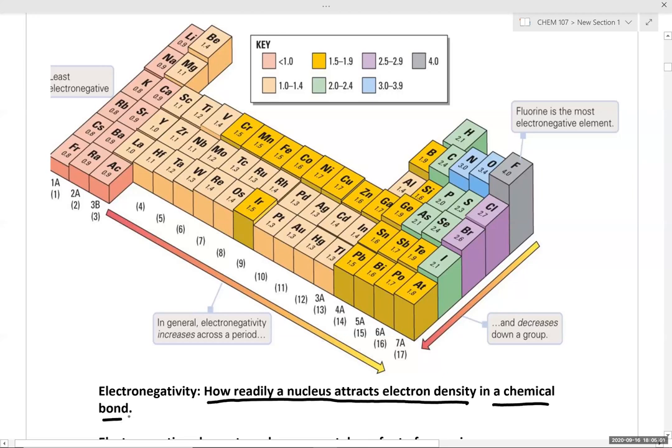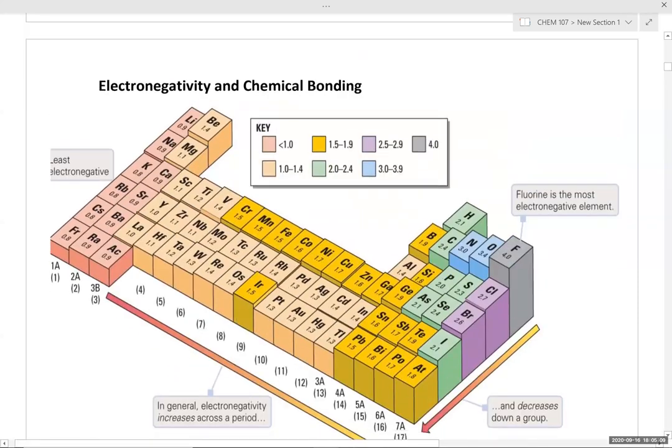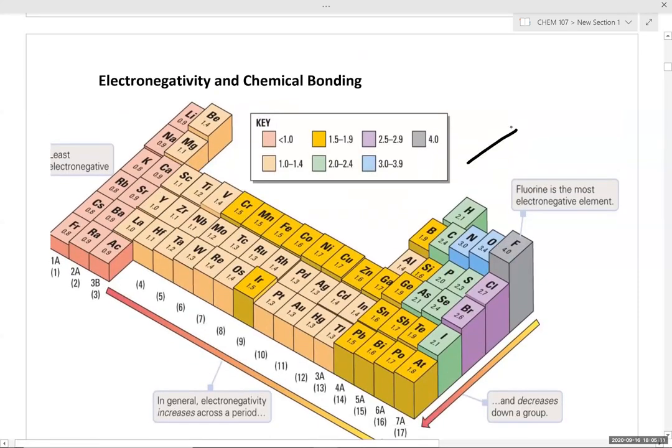How strongly does your atom pull electron density towards itself in a chemical bond? If I had to draw an arrow for electronegativity trends, electronegativity increases going up and to the right on the periodic table.